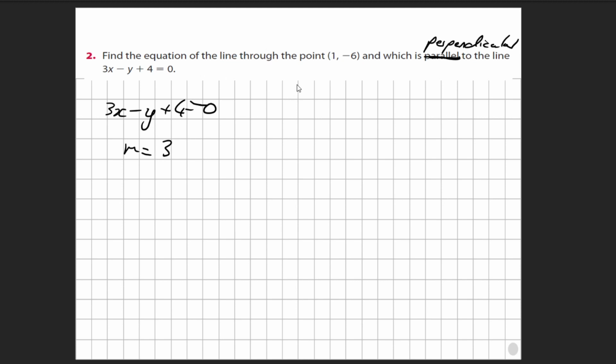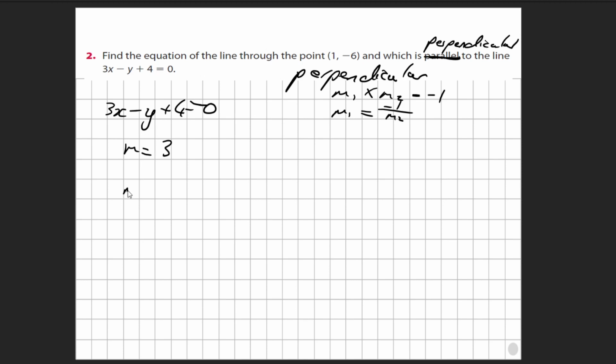But the difference here is that perpendicular means that m1 multiplied by m2 equals minus 1. Or in a slightly simpler form, m1 equals minus 1 over m2. So we're going to flip the numerator and denominator for m1, and we're going to make it negative.